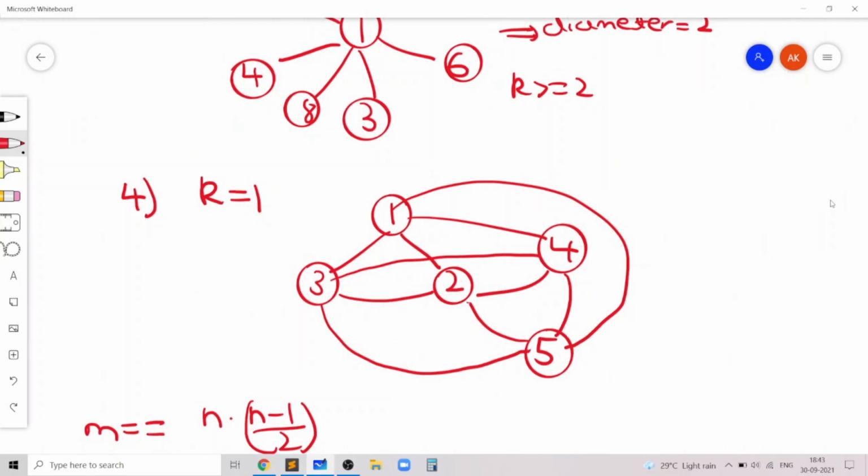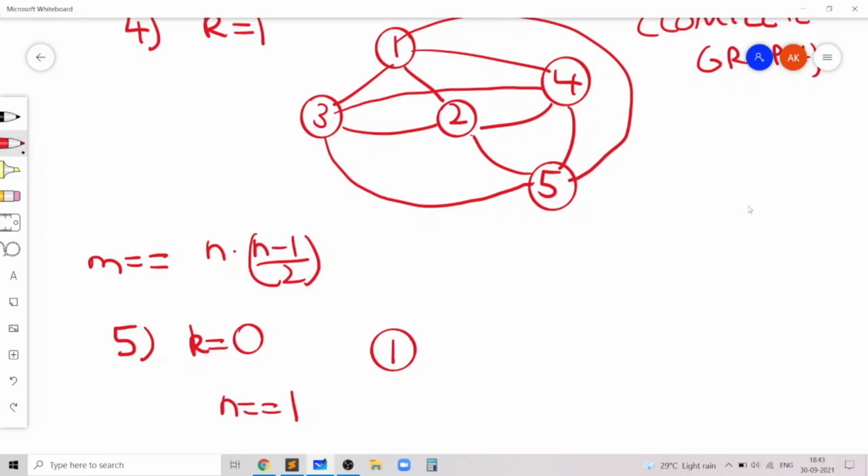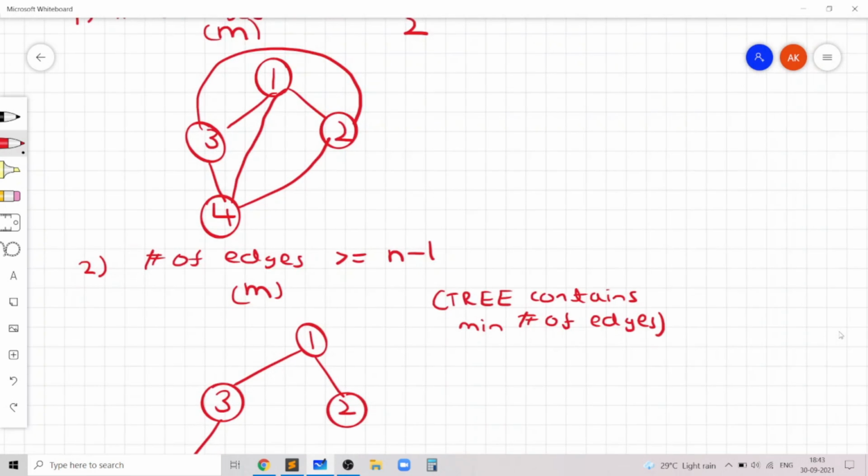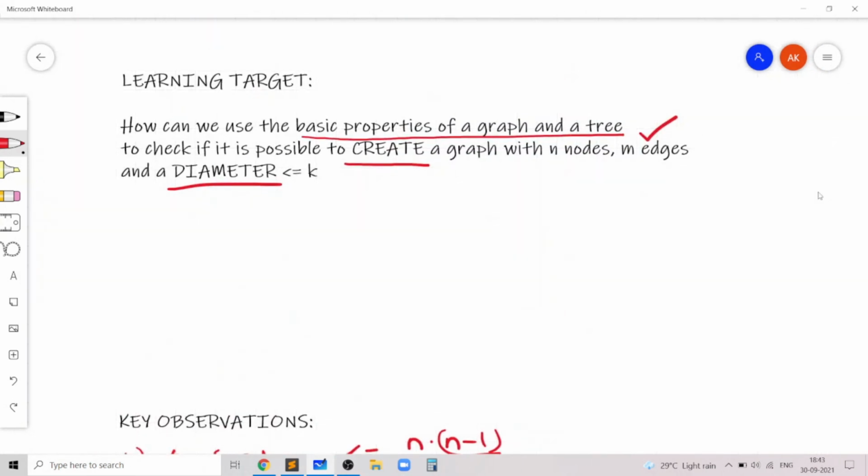Observation 4 used a complete graph, so this is called a complete graph. And observation 5 was basically a graph with one node, like a trivial graph. And these are the 5 ideas which we used, which came from the basic properties of a graph and tree.